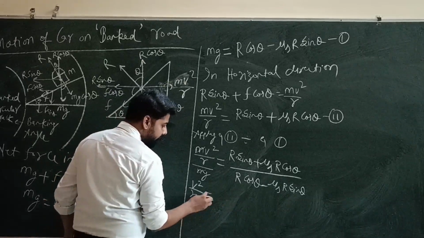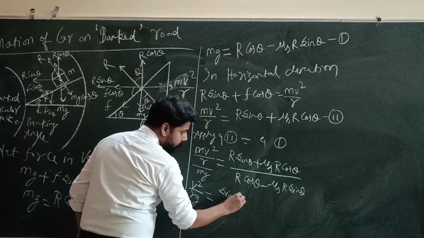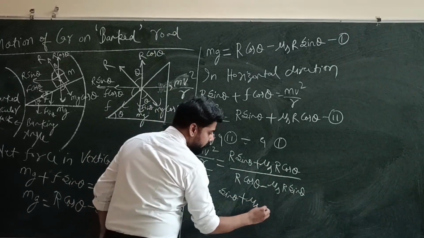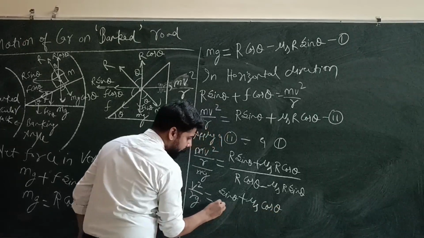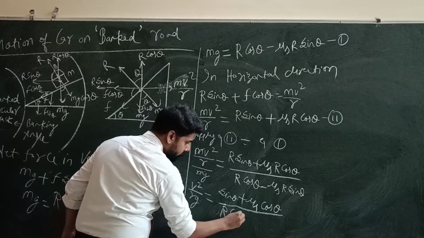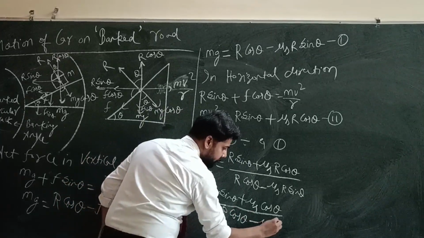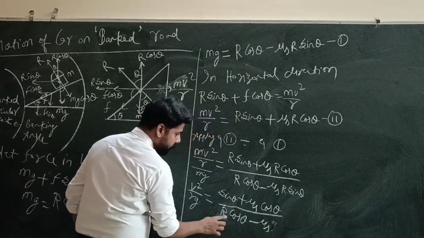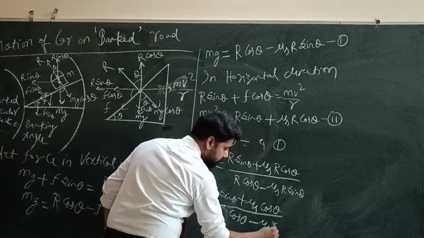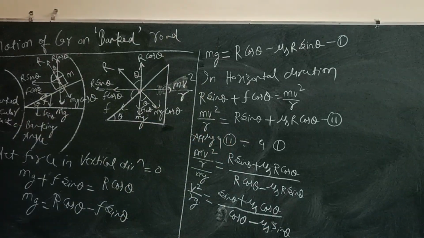So we can write it as sin theta plus mu s cos theta upon cos theta minus mu s sin theta.